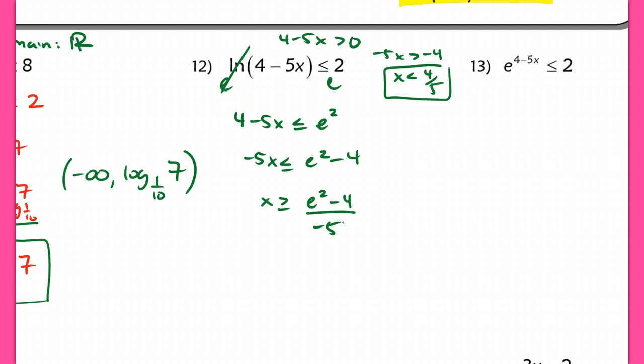So it's saying x is supposed to be larger than e squared minus 4 divided by -5. However, overall, it also is under the restriction that x must be less than 4/5.